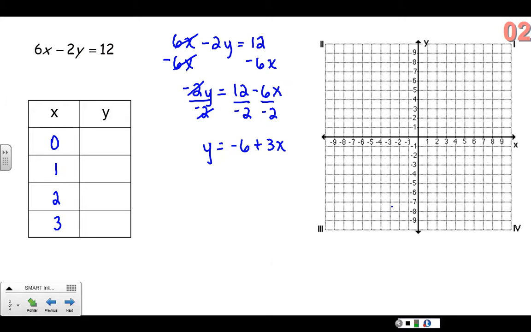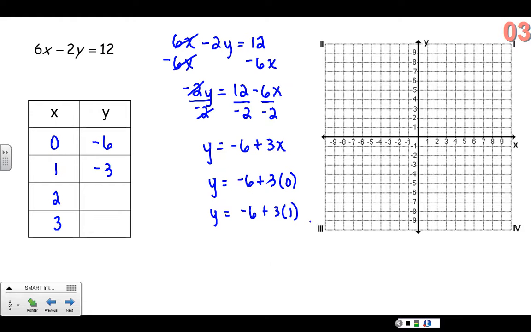So if I substitute those into this equation, what will we get as output values for y? If I put 0 in for x, that would be negative 6 plus 3 times 0. So negative 6 plus 0. So we're just going to get negative 6 out of it. If I plug in a 1, negative 6 plus 3 would be negative 3.